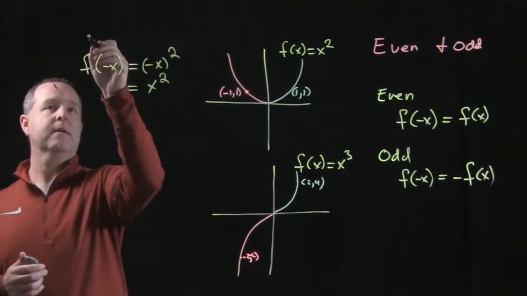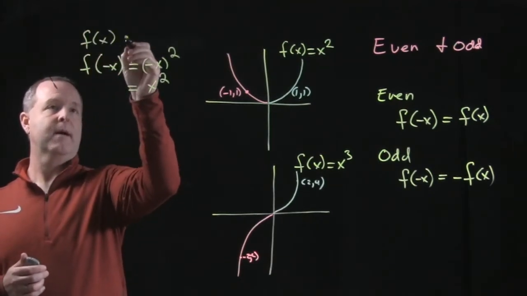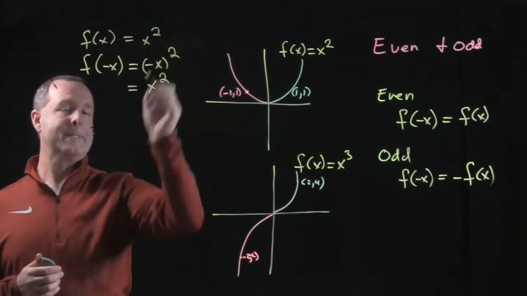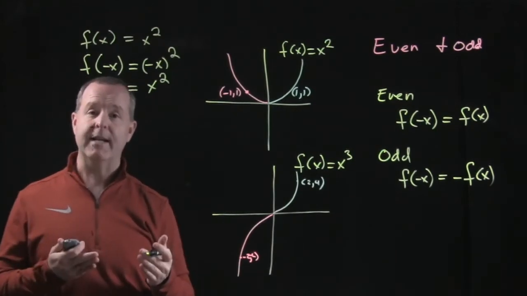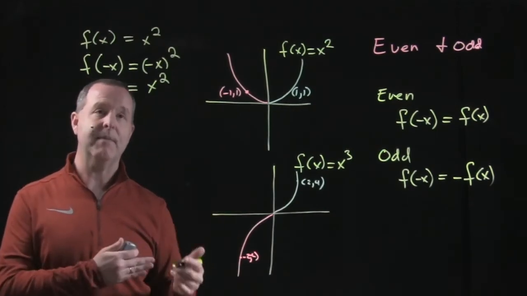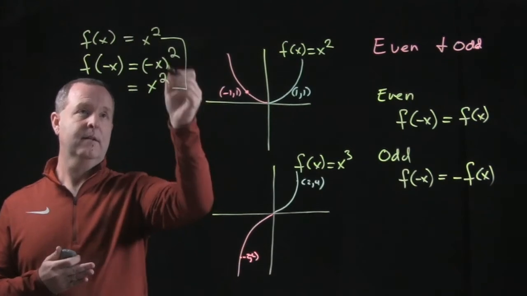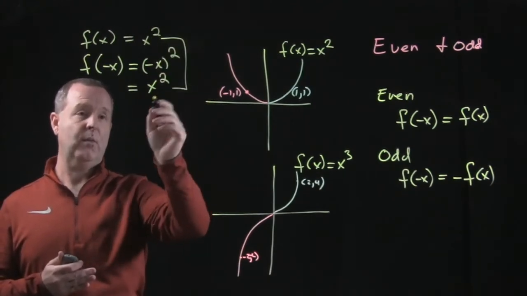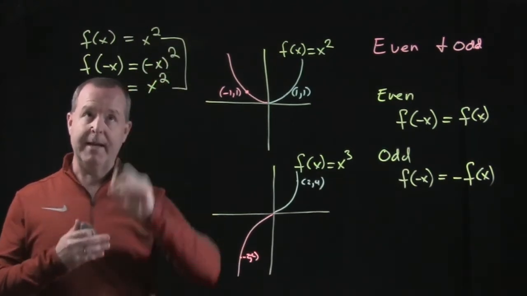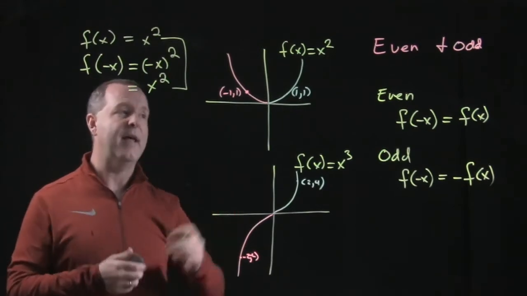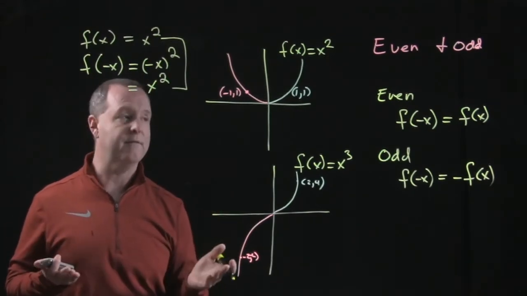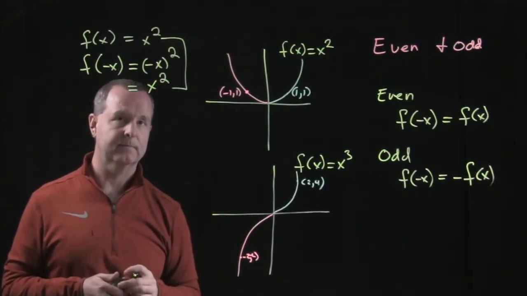And I started with that, that was my original function. Now if I get the same thing as the right side, I started with an x squared, and I looked at the right side solution. It also becomes the same thing. That is a definition of where we can find an even function.